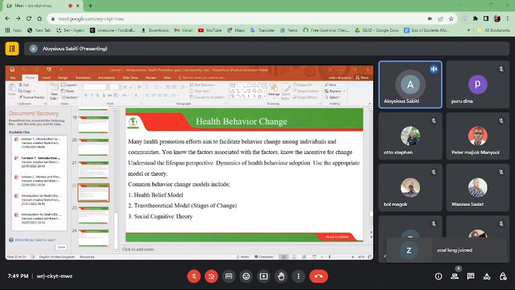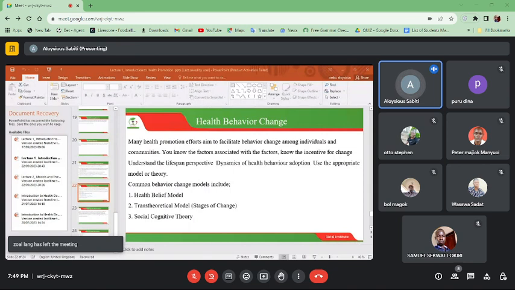That takes us into another key definition called concepts. Concepts are abstract or general ideas used to represent real world phenomena or objects. They provide a framework for understanding and categorizing various aspects of the world.